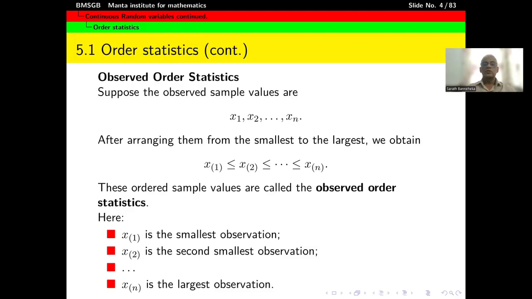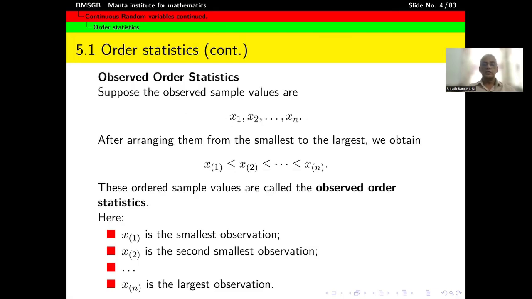We can now put them in increasing or ascending order so that the first number will be the minimum of x1 up to xn, and at the right end you will have the maximum, and in between you will have the second minimum, third minimum, and so on.